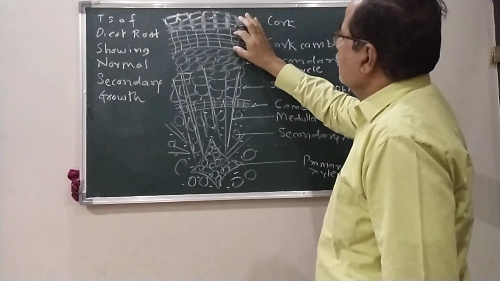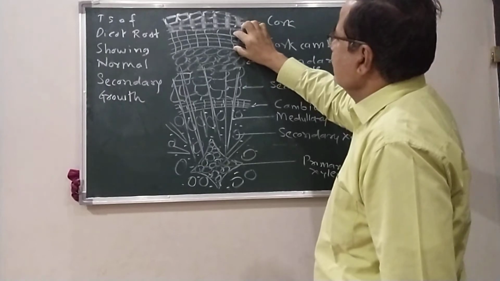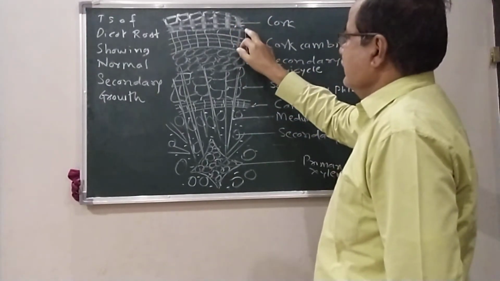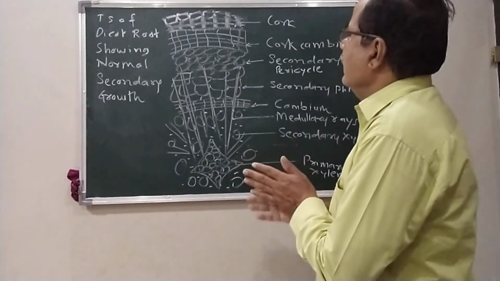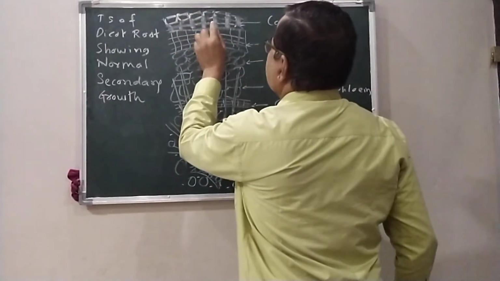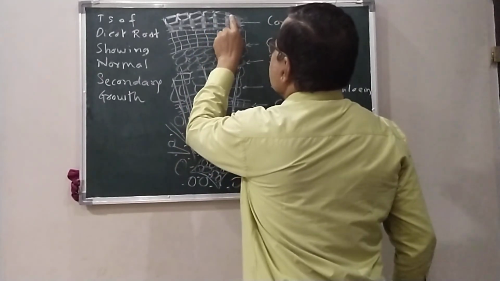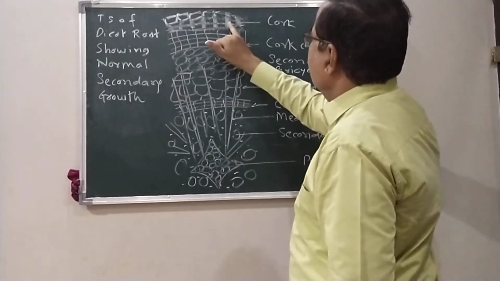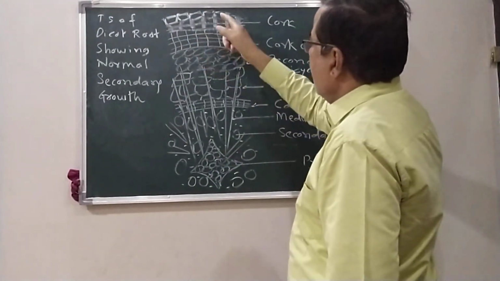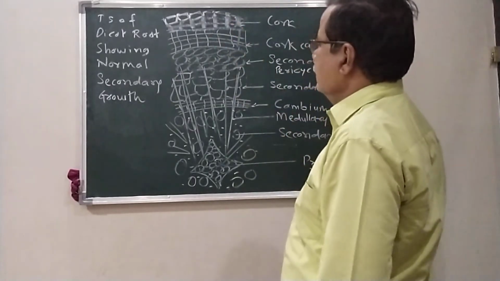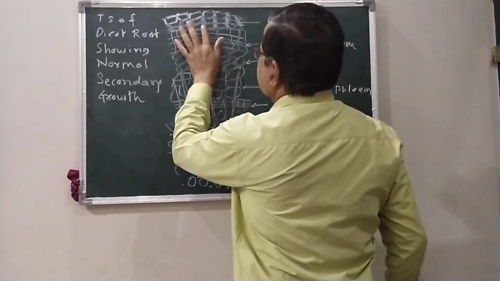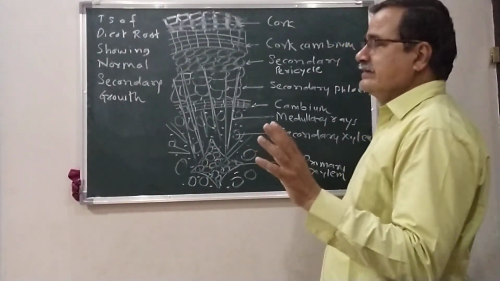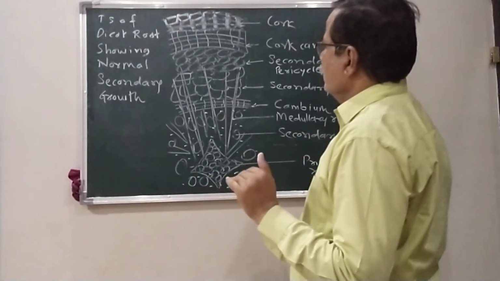Later on, cork cambium is responsible for cutting off new cells towards the outer side. These are 3 to 4 layers, very compactly arranged, dead cells, whose inner cavity, known as the lumen, is very narrow, and the walls are thick. The protoplast present in these cells is withdrawn and dries, and there is no protoplast.